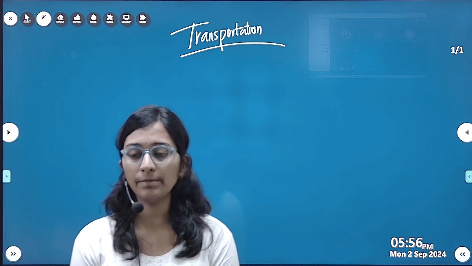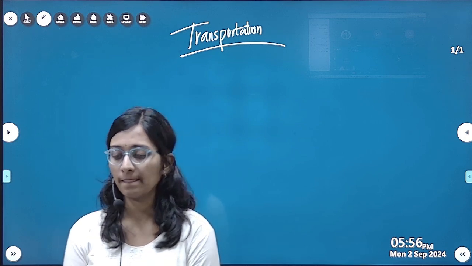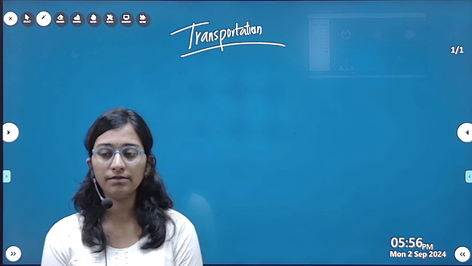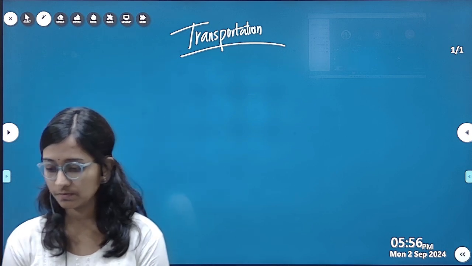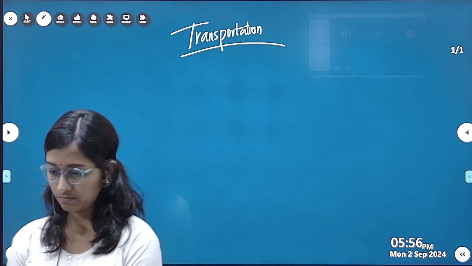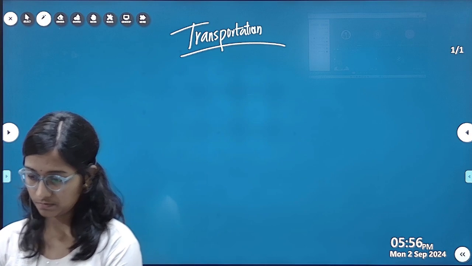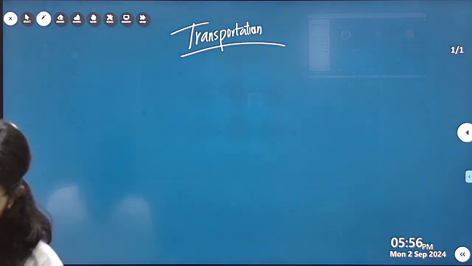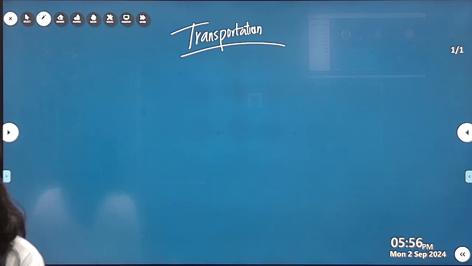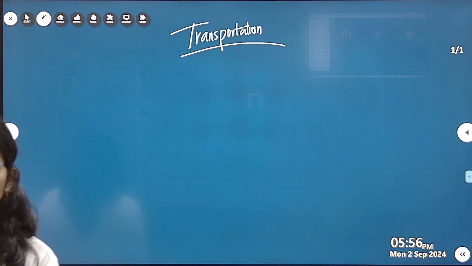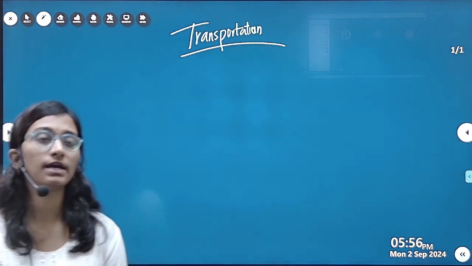Hence it can be formulated and solved. Next point, transportation applications relate to an LPP.